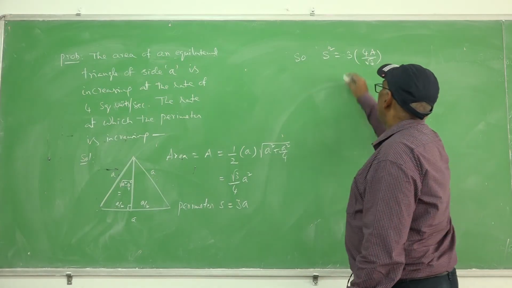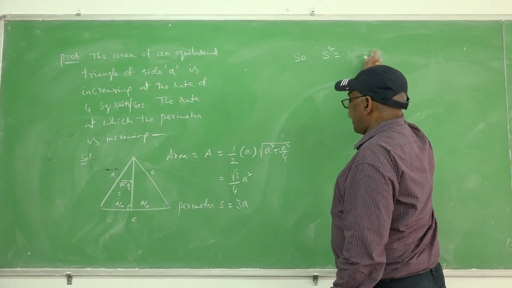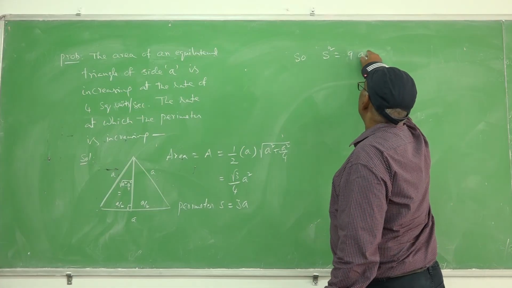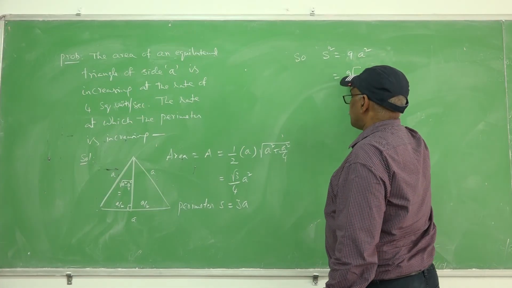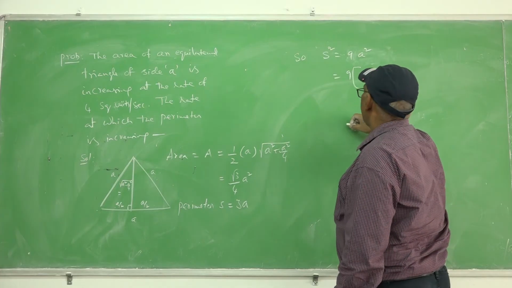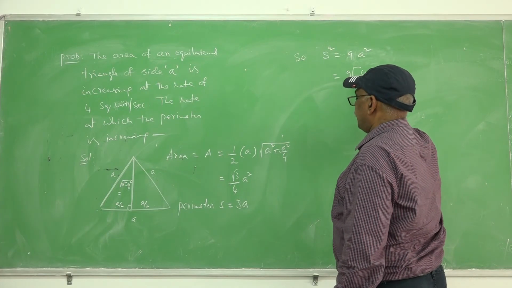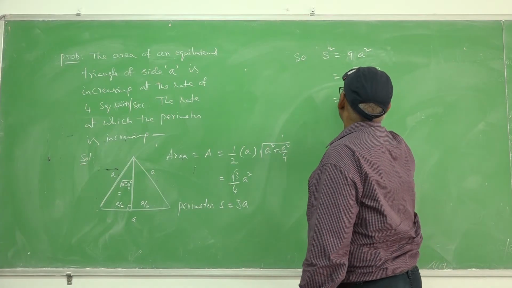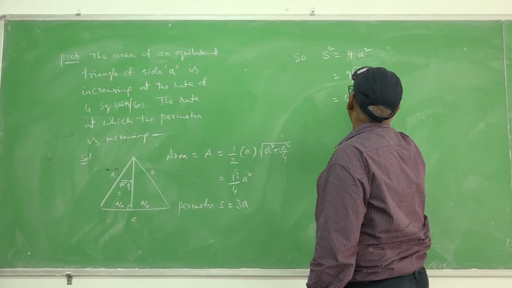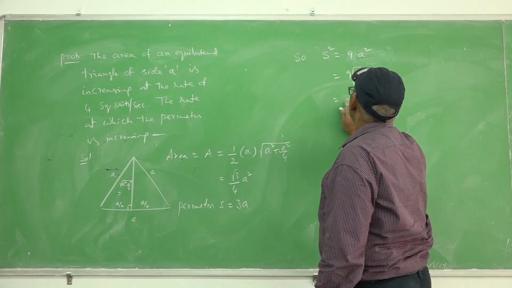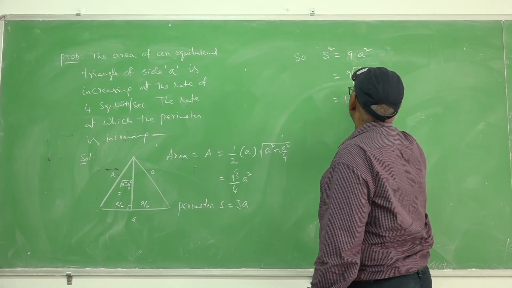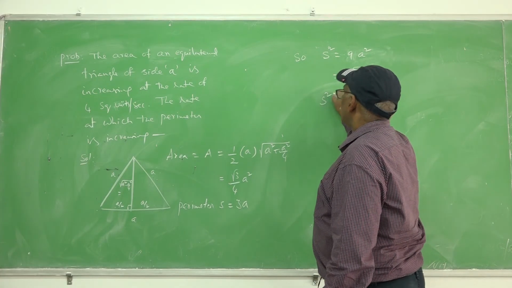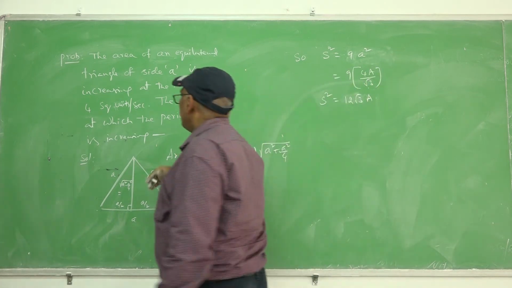S square is 9 a square. That is 9 into a square, where a square in terms of capital A is 4A by root 3. That gives us 4 root 3 A, and 9 into 4 by root 3 means 12 root 3 A. This is S square, the square of the perimeter.